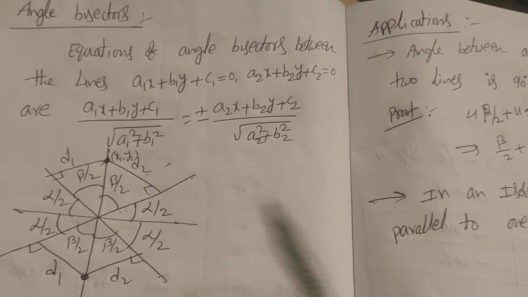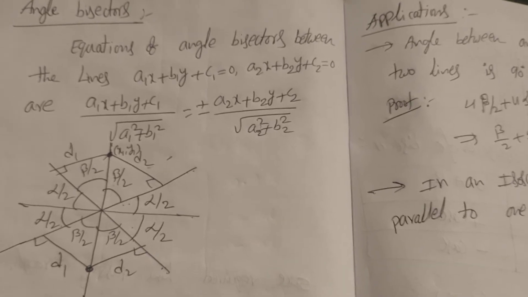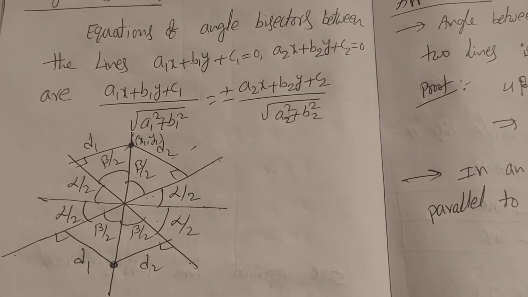Okay, to avoid that confusion, we have some applications we will discuss later. So we can get exactly which one to consider for the obtuse angle and which one for the acute angle.